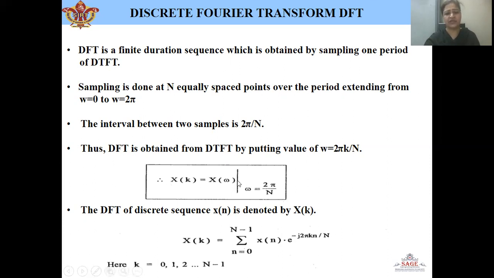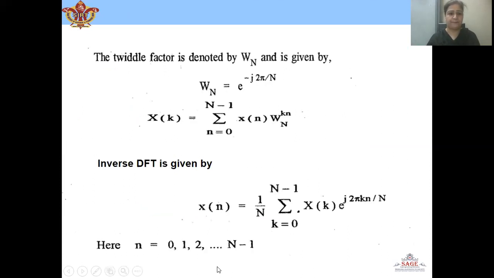Now substituting the value of omega as 2 pi k upon N in the formula of DTFT, we get the DFT, which is summation x[n] e to the power minus j 2 pi k n upon N. But here the limit will be from n equal to 0 to capital N minus 1, because now x[n] is periodic in nature with fundamental period capital N. k will have values 0 to capital N minus 1.